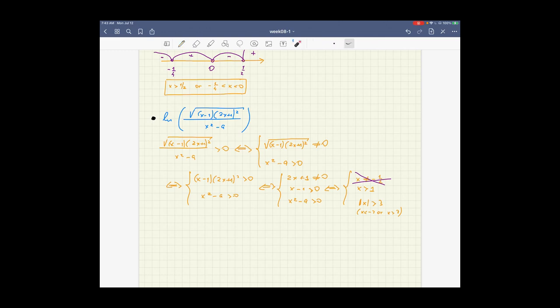X less than negative 3 is contradictory to x being greater than 1. So x must be greater than 3, which is stricter than x greater than 1.